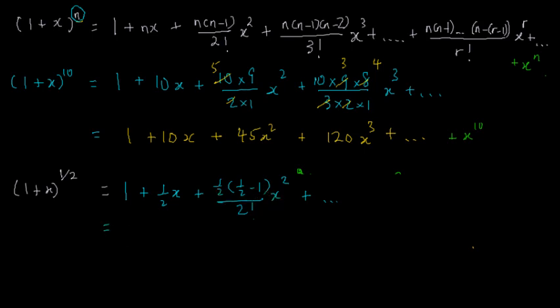Let me simplify that. I get 1 plus half x. I have a half minus 1 here, that's actually minus half, so I get a minus sign now. A half times a minus half divided by 2 would be 1 over 8. So minus 1 over 8 x squared plus dot dot dot.